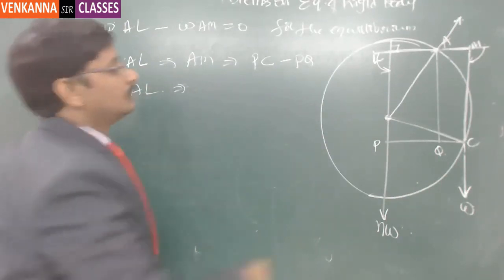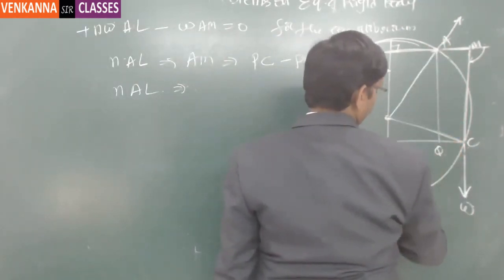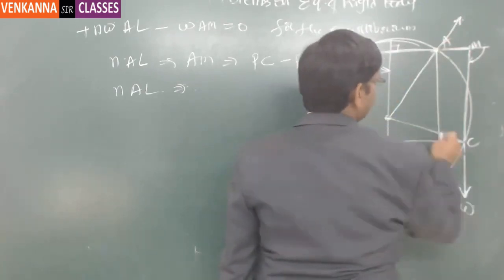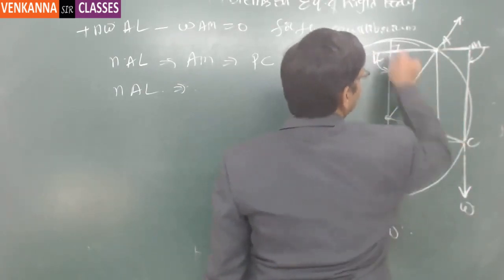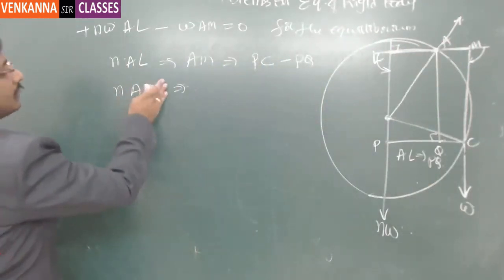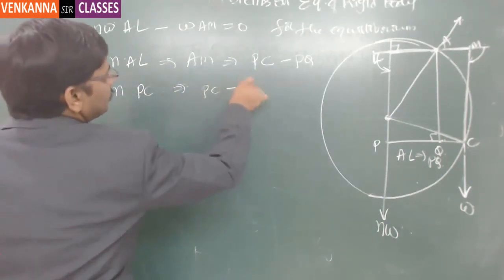And also PQ is equal to AL. So this is a straight line, 90 degrees, so this length and this length are one and the same. So if I call this AL, PC is equal to PC minus PQ.